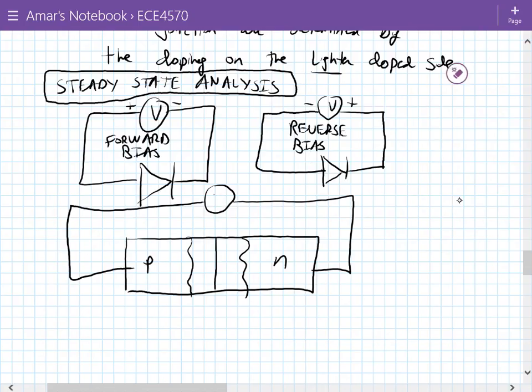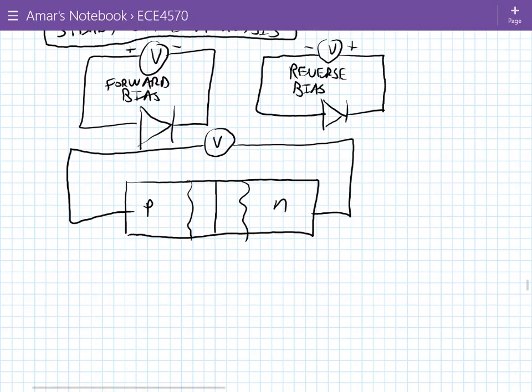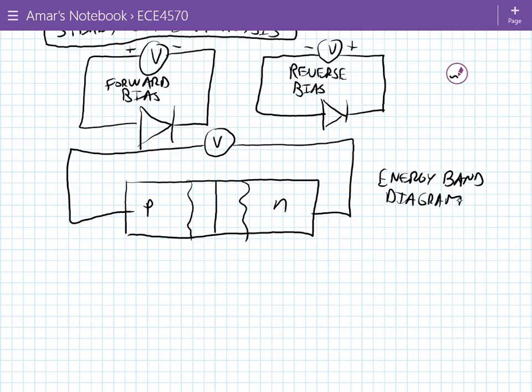And starting with this picture here, we have this voltage that's applied to the junctions. And what we're going to try to understand is what does the energy band diagram look like at forward bias and reverse bias.